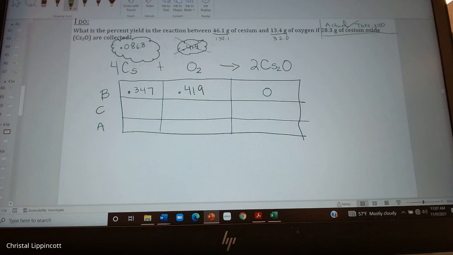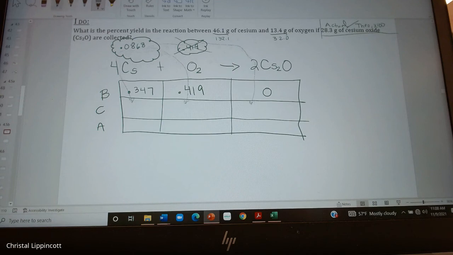Then I'm going to take this value and multiply through the coefficients until I get down to this change table section. So multiply this one by 2.